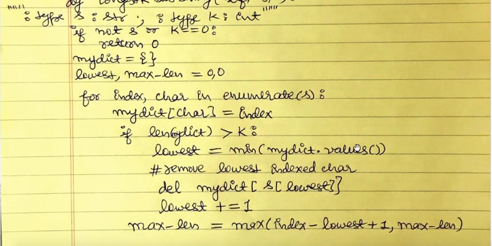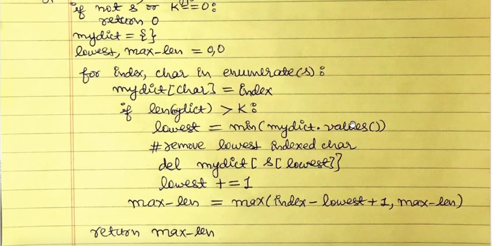And now once again, as this example shows, it's very crucial for us to use meaningful variable names in our solution. So we use index comma char in enumerate(s), as enumerate(s) gives the index and value pair from s.